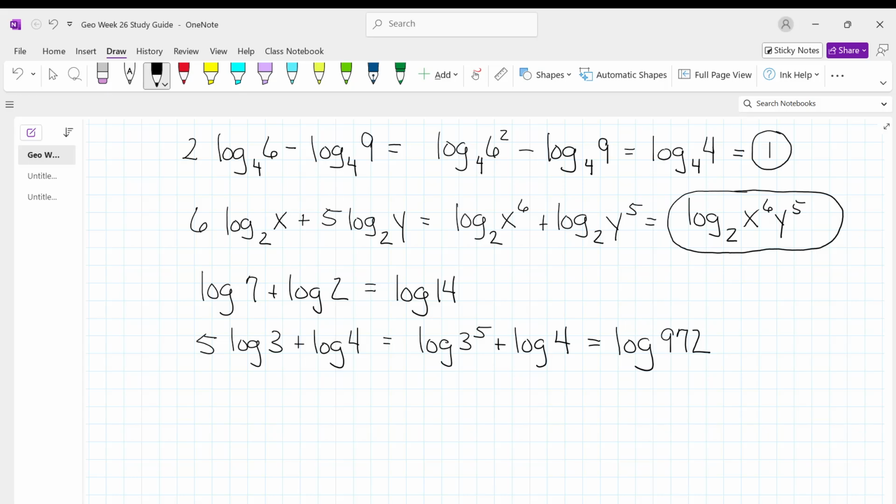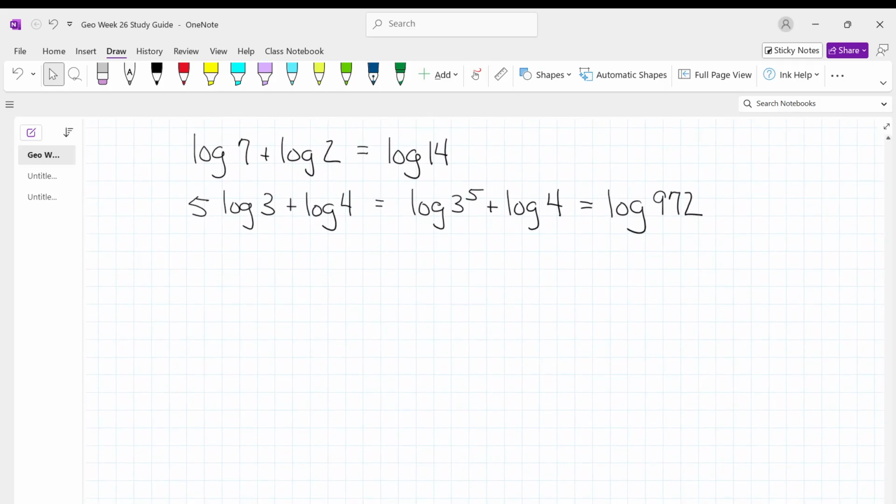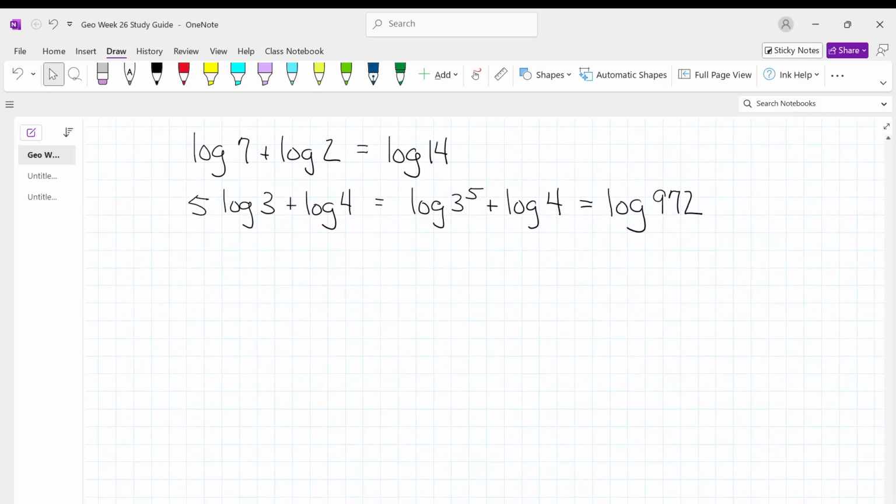And if you have to combine more than two logs, you're just going to follow the rules, moving from left to right. So let's say we had log 7 minus 2 log 4 plus log 3.